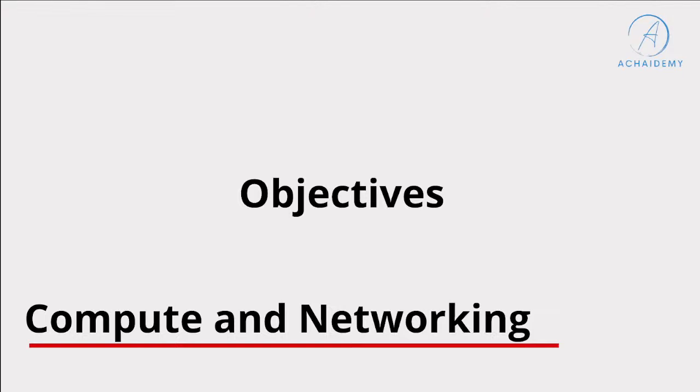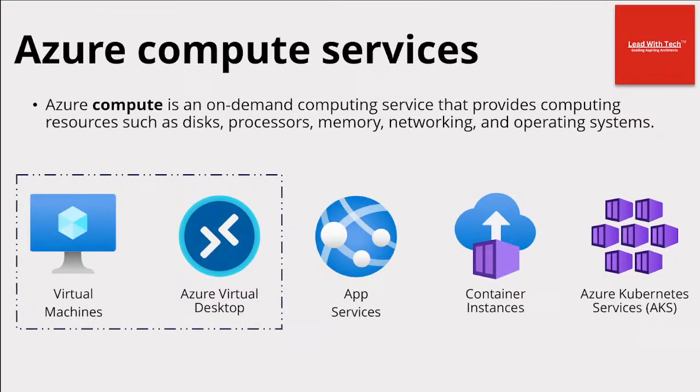Today we'll focus on the application compute services such as virtual machines, desktops, app services, containers, and Kubernetes. These are the on-demand computing services that provide resources needed to build, deploy, and run applications that are accessible to the end customer.